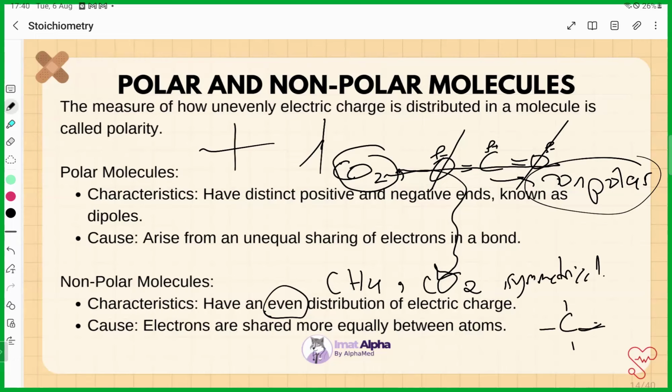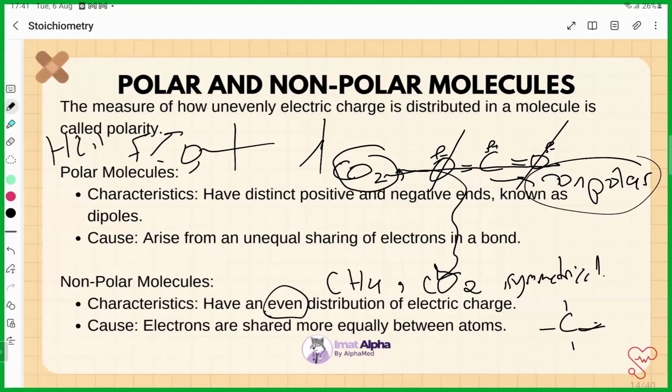Another way is, of course, to memorize the electronegativities. You should know that fluorine has the highest electronegativity, then oxygen after fluorine, then bromine and iodine; these atoms are super electronegative. Hydrogen is 2.1, I guess, in electronegativity.